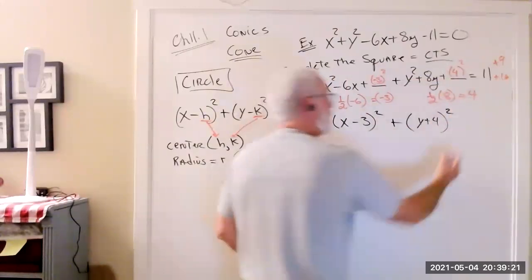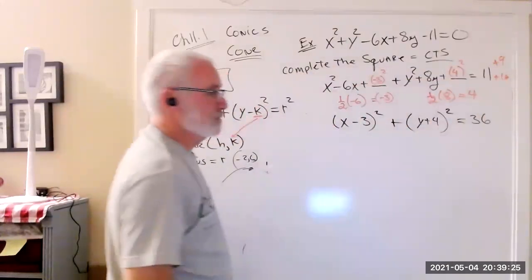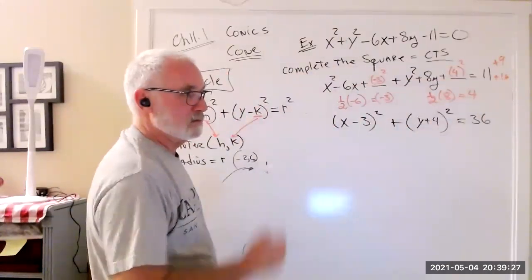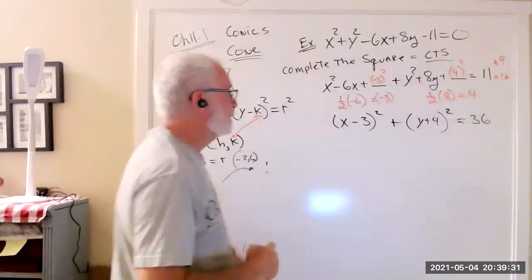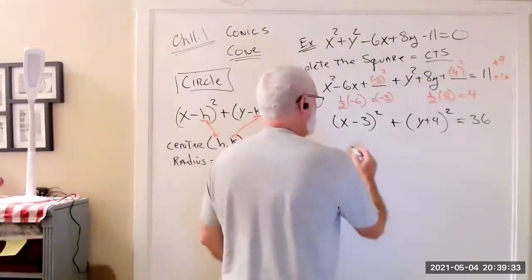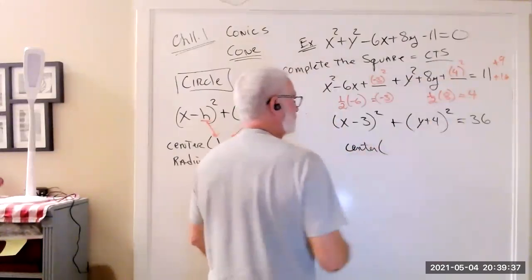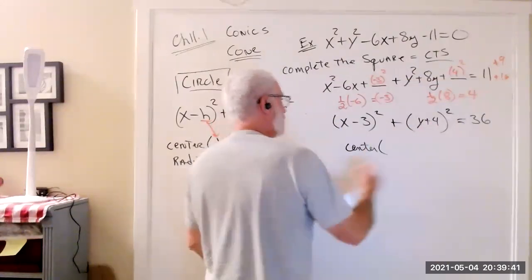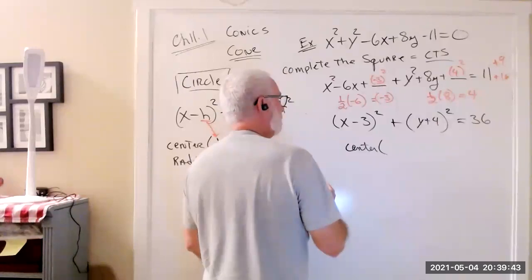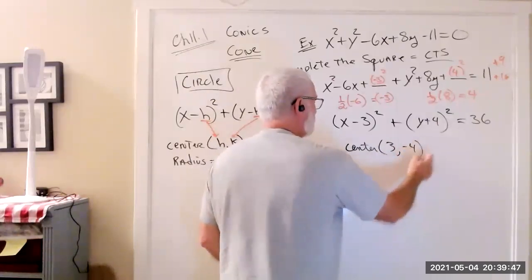And this will become 36. So what's the center of this shape? -3 and -4. Nope. +3, -4? Yep. +3, -4.